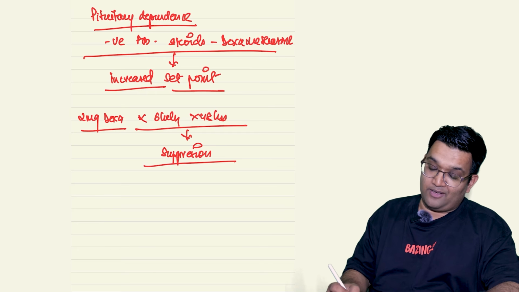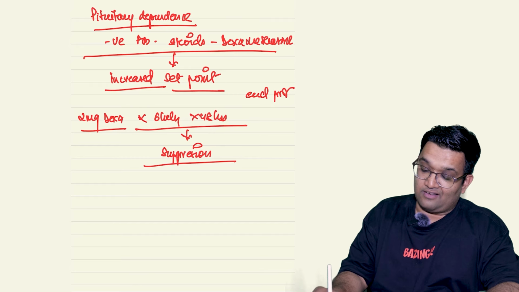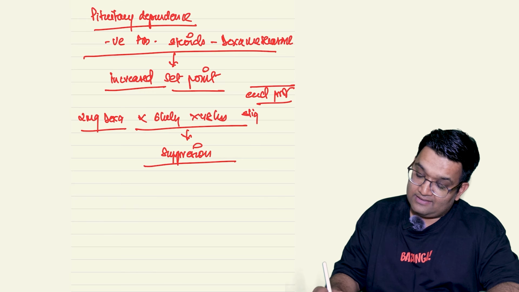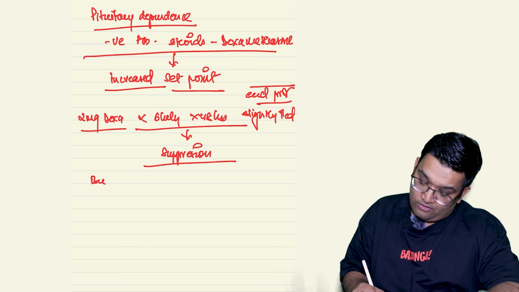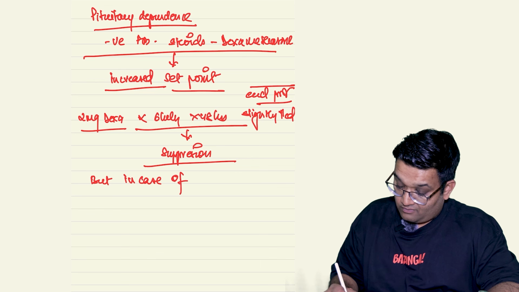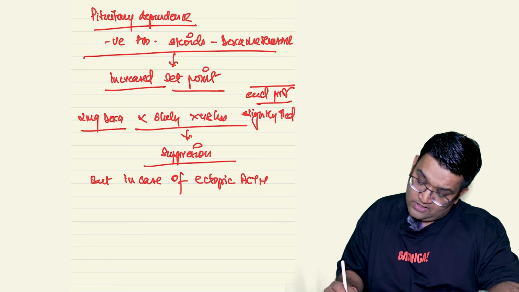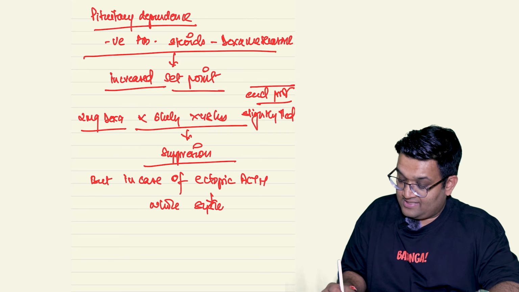If it is pituitary dependent, because the end point for suppression or the negative feedback is just slightly increased. But in case of ectopic ACTH, this whole system is disrupted.